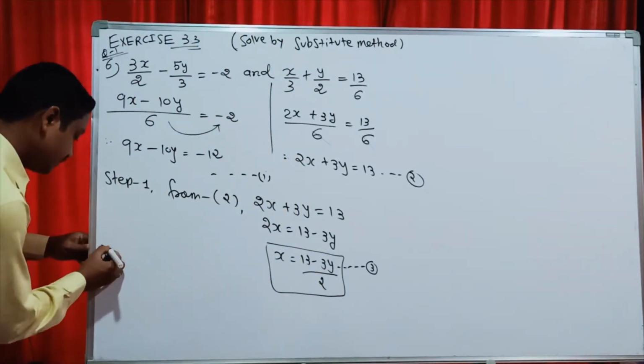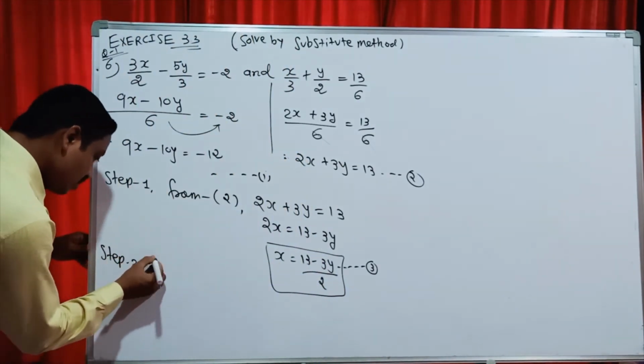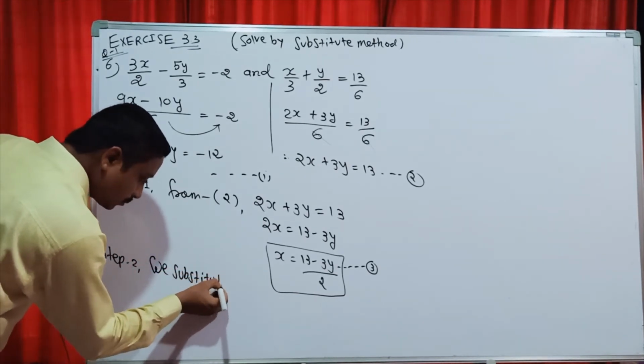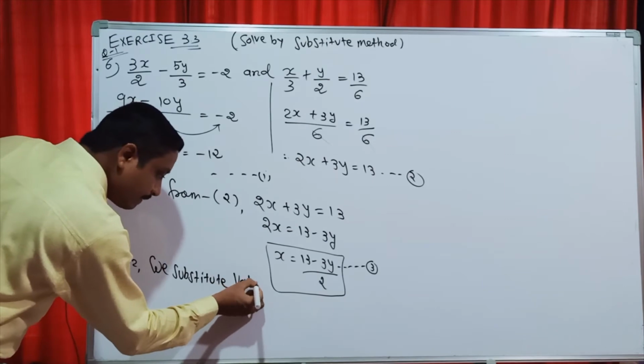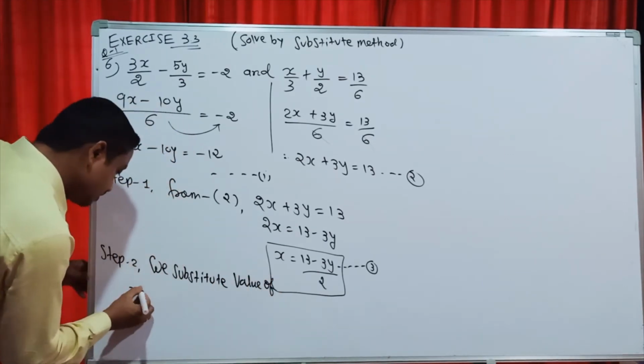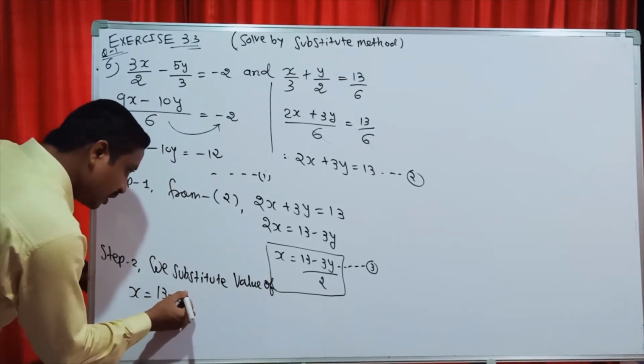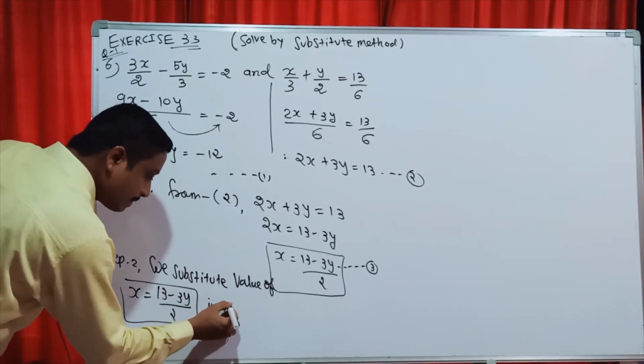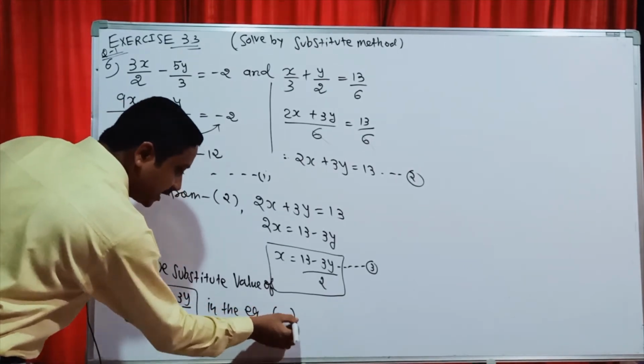Now next, step 2. We substitute the value of x is equal to 13 minus 3y by 2 in the equation number 1.